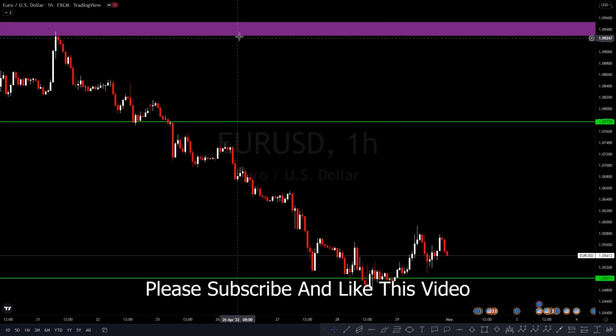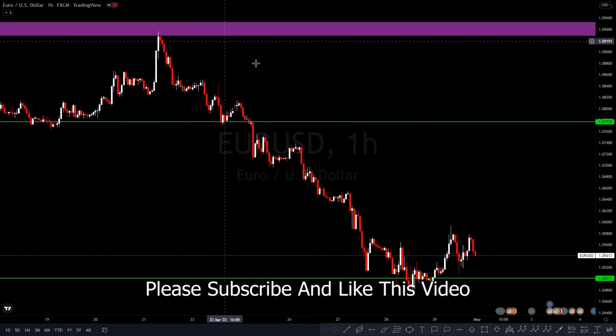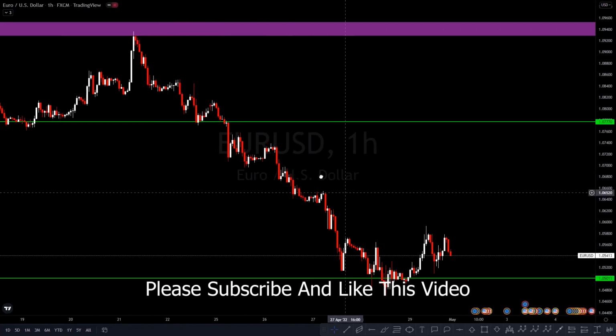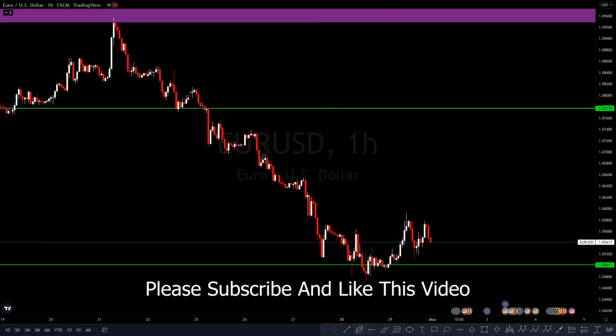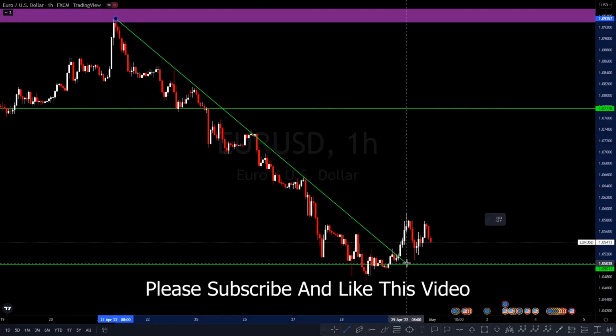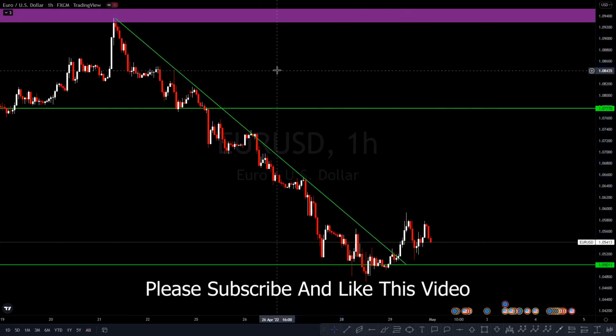You guys can see that on this level, this particular rectangle, we plotted it on the 4 hour time frame. So these green levels are our support and resistance levels, which we plotted on the daily time frame. So now let's put our trend line and see exactly what is happening on this particular pair.